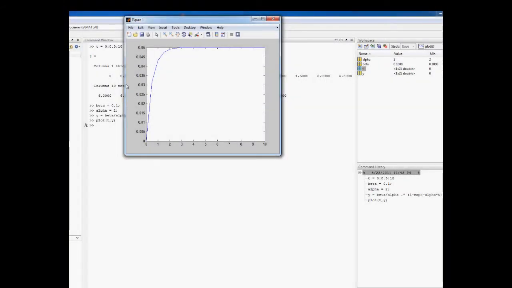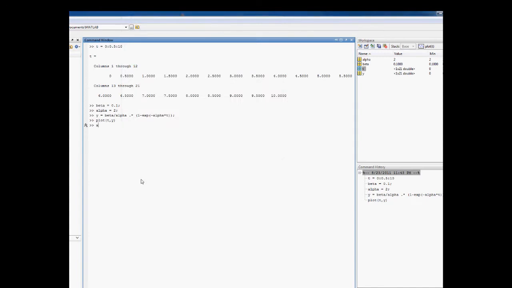We can change the x and y labels with xlabel 'time in seconds', ylabel 'mRNA levels in micromolar', and finally the title with title 'protein concentration versus time'.